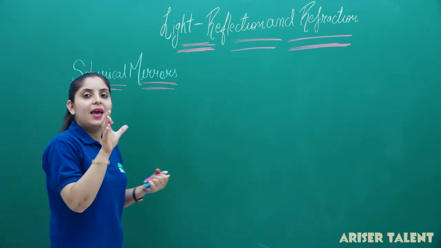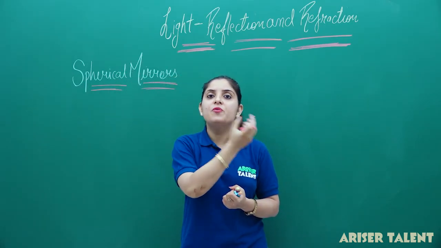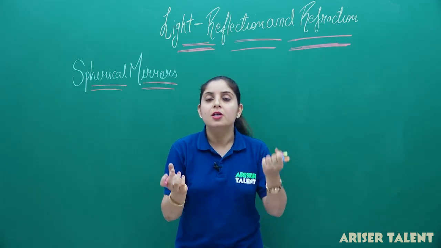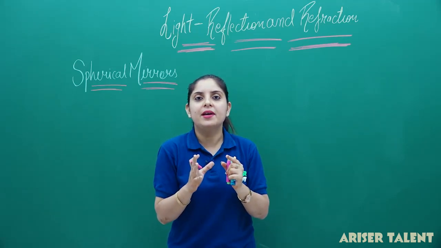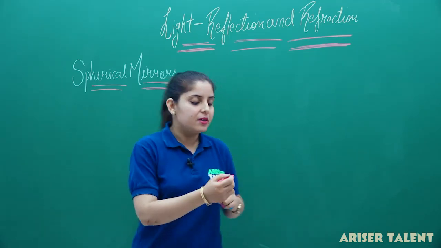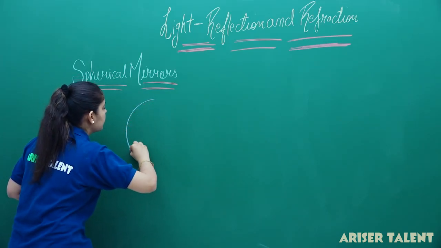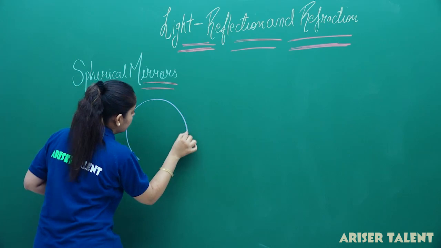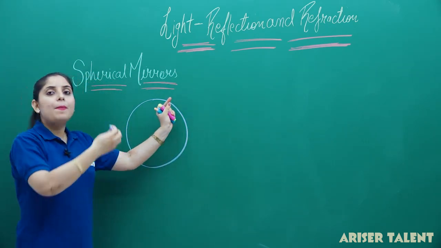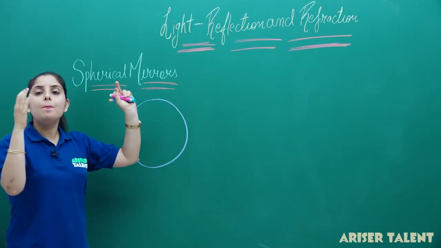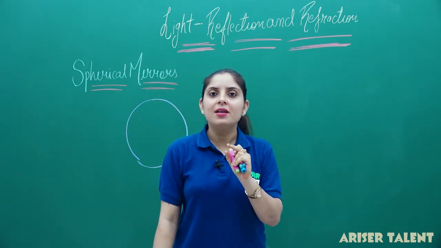Spherical mirrors. As the name indicates, spherical mirrors are mirrors which are a part of a big sphere. It means mirrors which are a part of a hollow big sphere will be known as spherical mirrors. So if I draw the sphere like this, and if I cut a part of the sphere from it, a part of the hollow sphere of the mirror will be known as our spherical mirror.